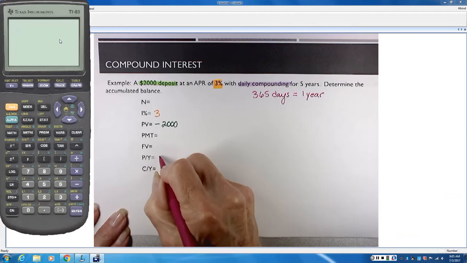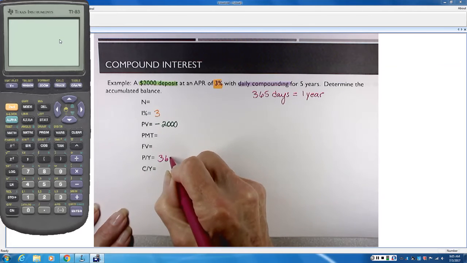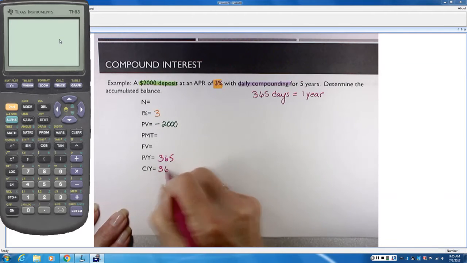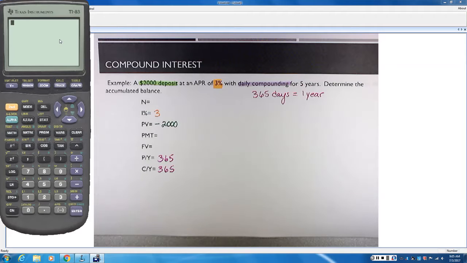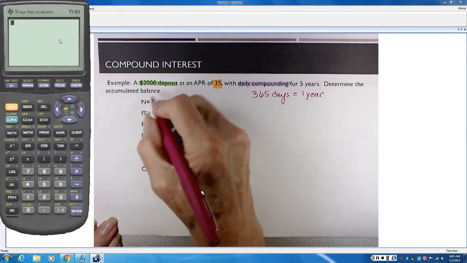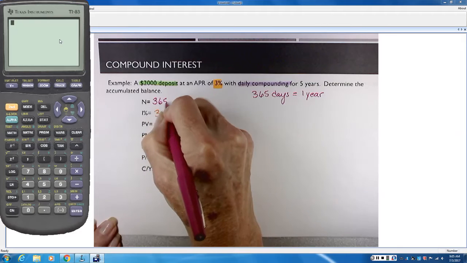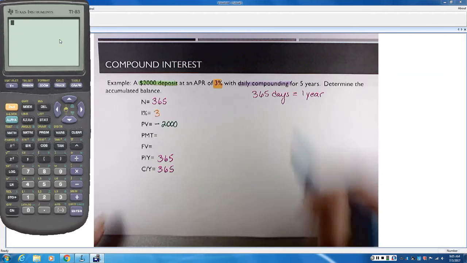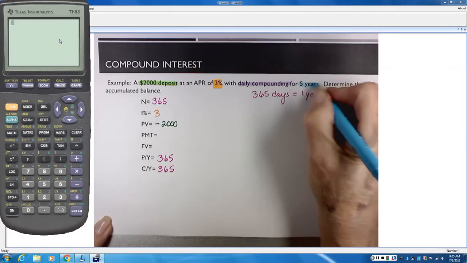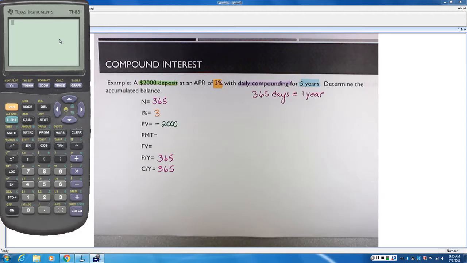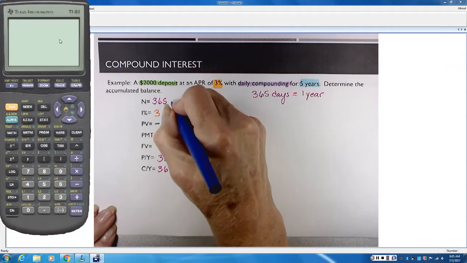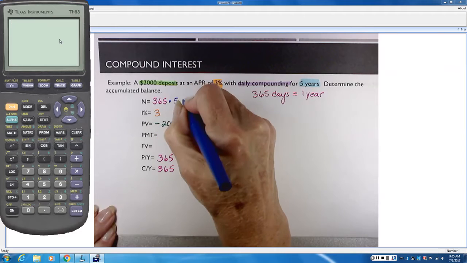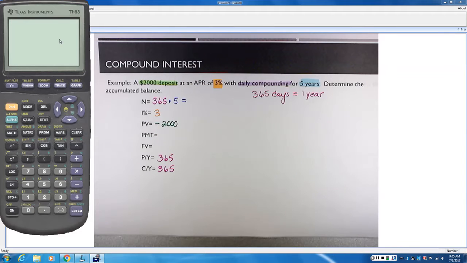So we're going to get 365 for P/Y and 365 for C/Y. And then N is going to be that 365 times the number of years. That's times 5 years. So that's how we're going to enter everything into the calculator for this problem.